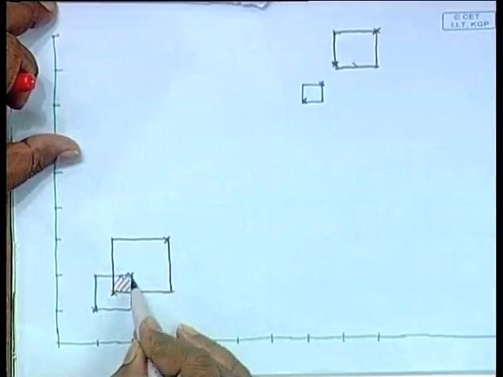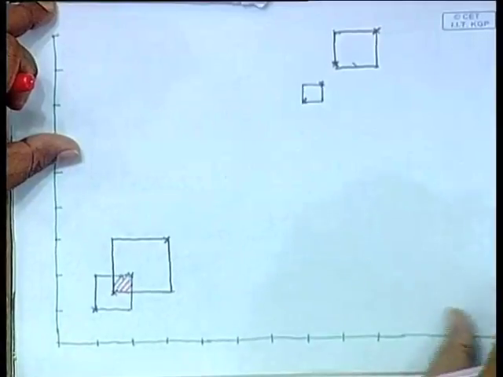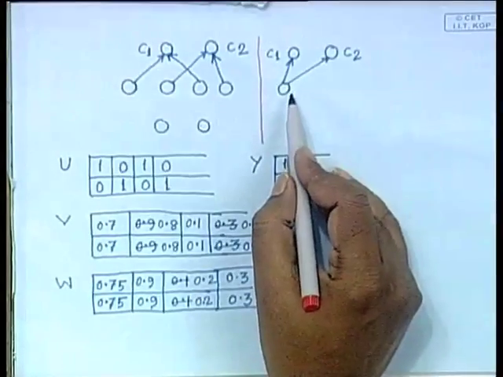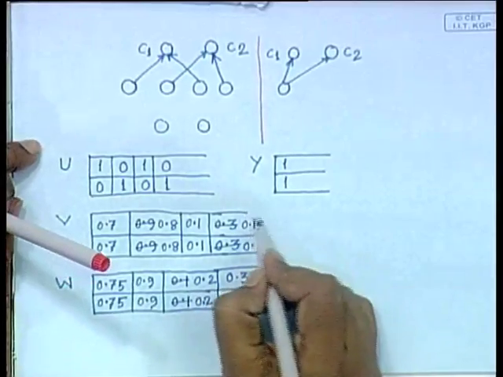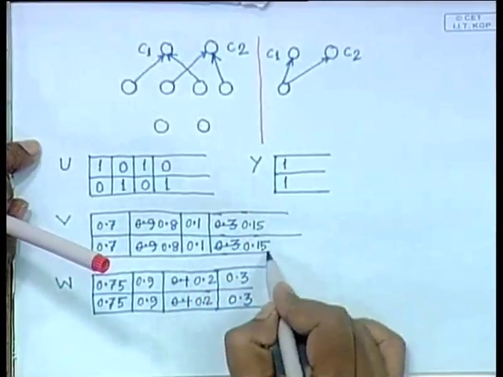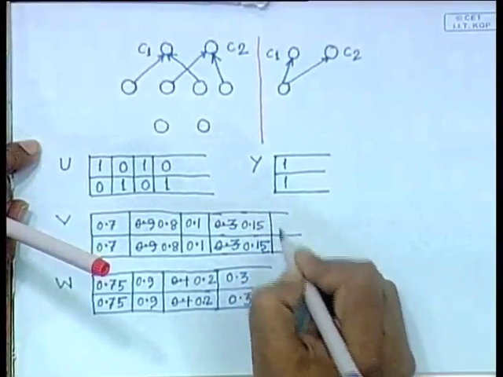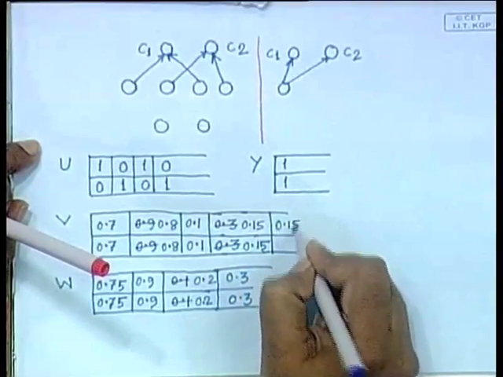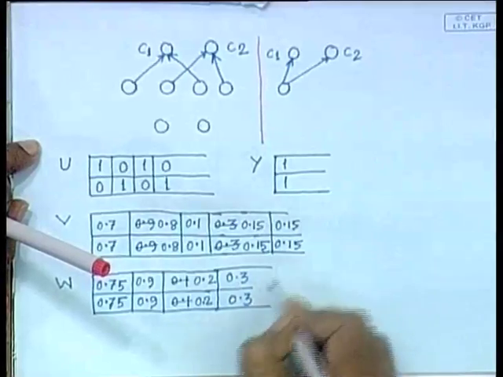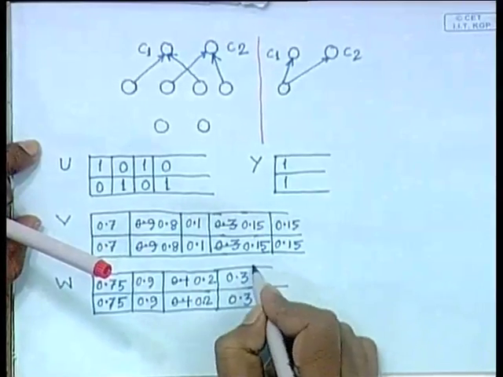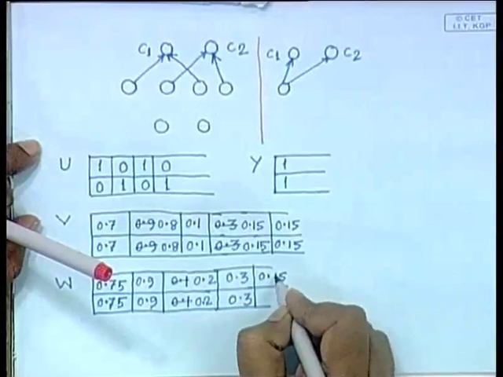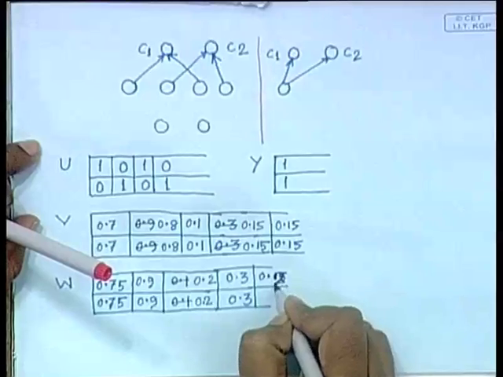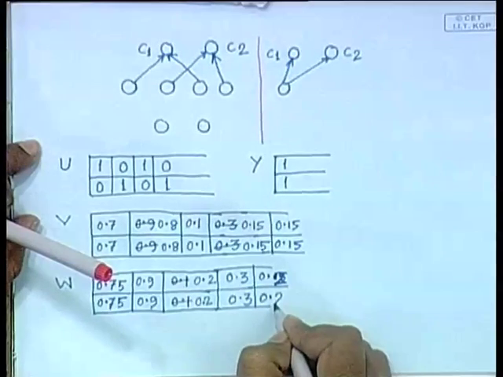So, here the min point is 0.15 and the max point is 0.2, 0.2. So, corresponding to this particular neuron, I will enter in the V matrix and W matrix the min point and max point as 0.15, 0.15, and here the max point will be 0.2 and 0.2.